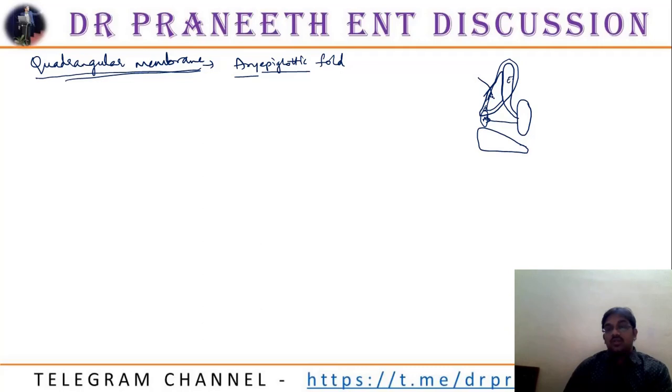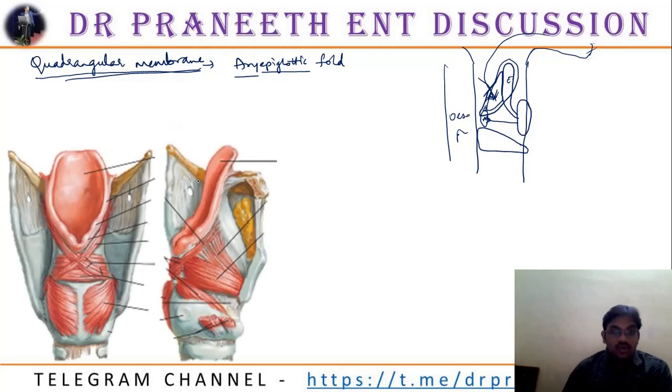Through this is your laryngeal inlet. Through this only you will enter inside your larynx. It is connected above to your oral cavity, oropharynx. Posterior to this you will have your esophagus. Now on this quadrangular membrane, we already know your epiglottis has arisen like this, and here over the cricoid lamina you have the arytenoids, right?